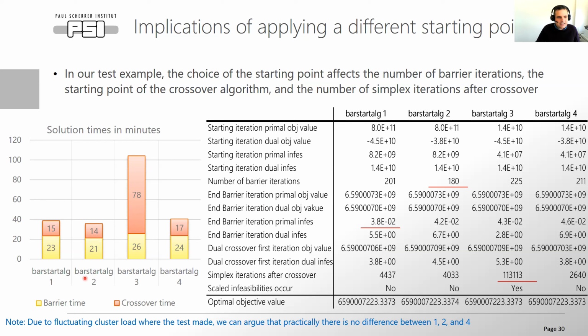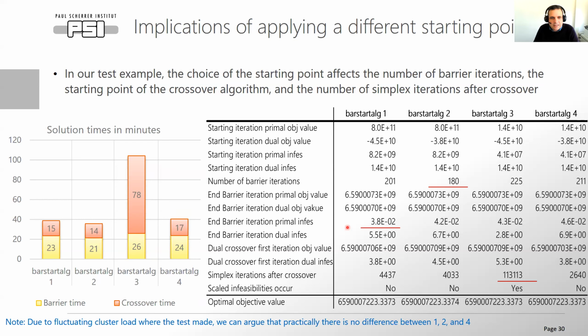We can see here that with bar start alg 1 or 2, the solution time behaves quite well, because we expect that we pass the primal problem to the barrier, while the others do not behave so well. Practically, 1, 2, and I would say also 4, do not have a difference. The differences that I see here in the solution time can also be because of the load of the cluster that I have.